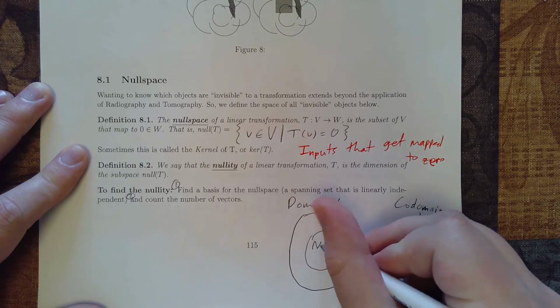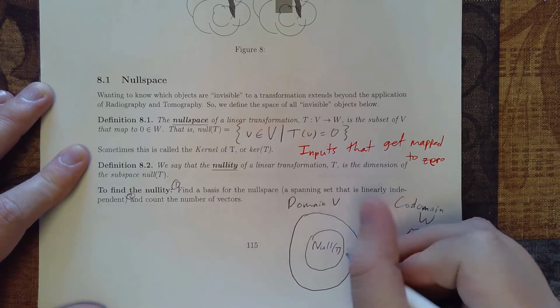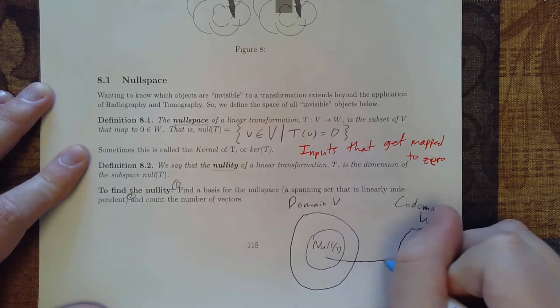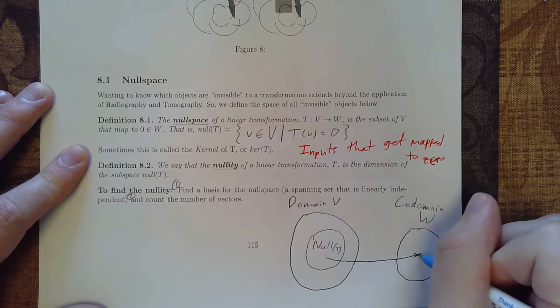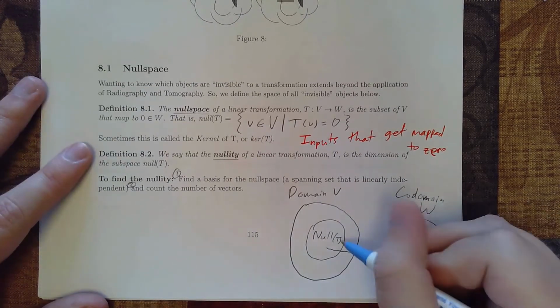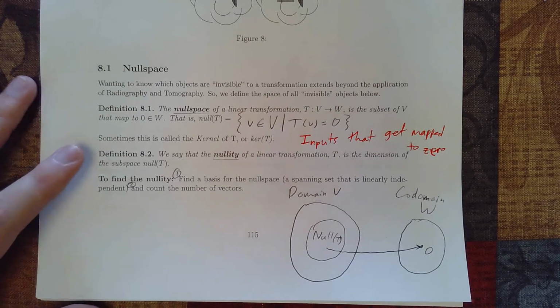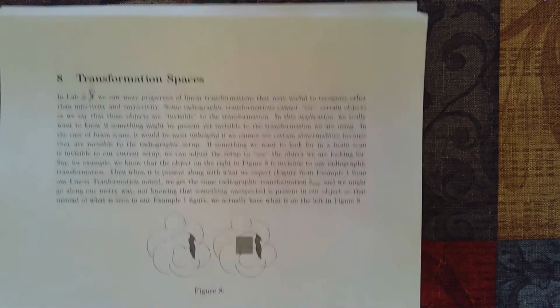However, there's this whole part of our domain, the null space for T, that if I take any vector in here and map to the codomain, I'm going to immediately go to whatever the 0 vector is for that. And so we want to figure out what portion of our domain contains this null space.